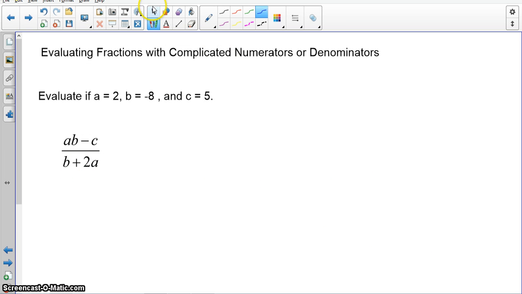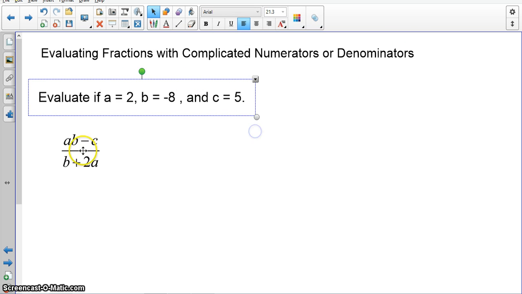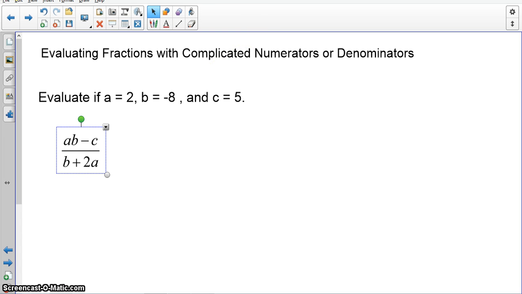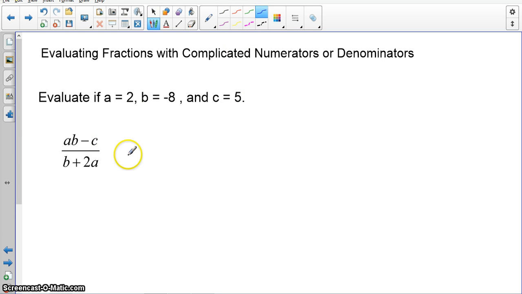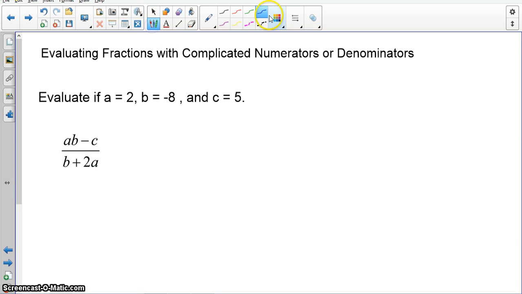Alright. Similar deal here, in that all I wanted you to be able to do is plug in numbers. And the thing to remember is that there are implied parentheses around the numerator and around the denominator.